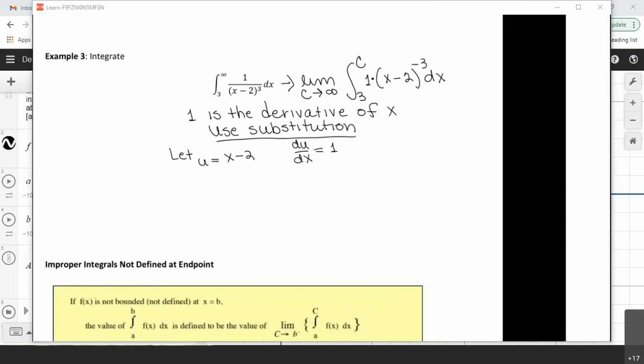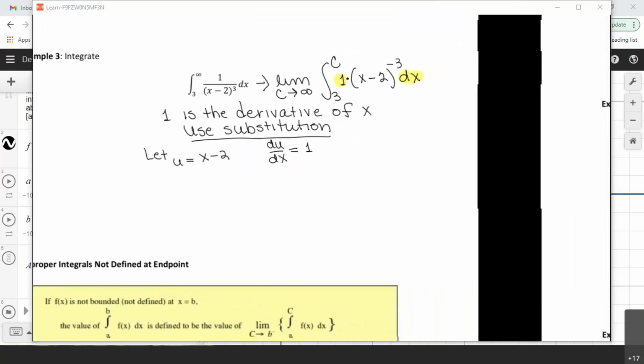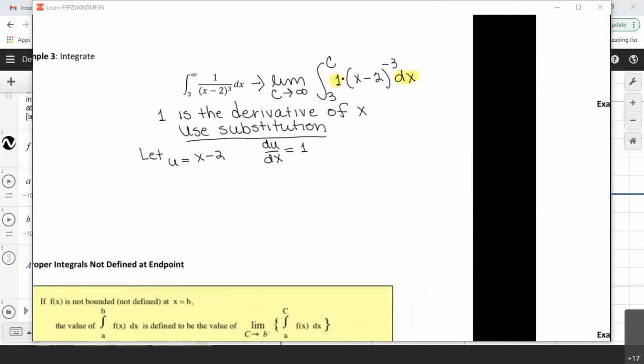Okay, and remember what I want to do is I want to match the other stuff in the integral. Okay, so I want this to be 1 dx. So I'm just going to multiply both sides by dx. And then I get du equals 1 dx, and I'm good.